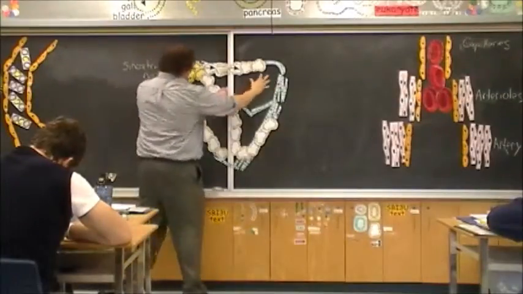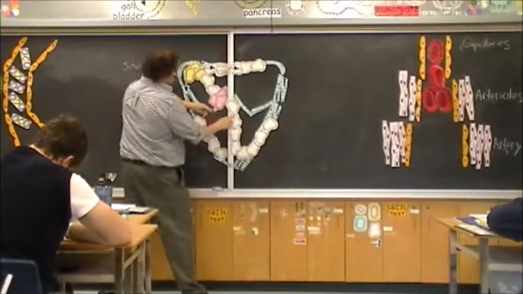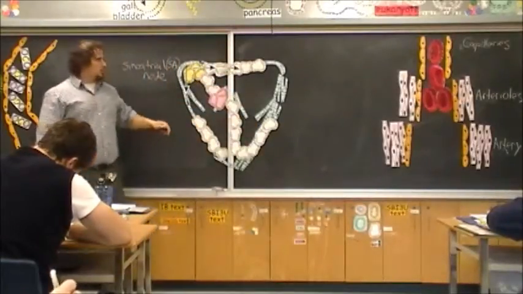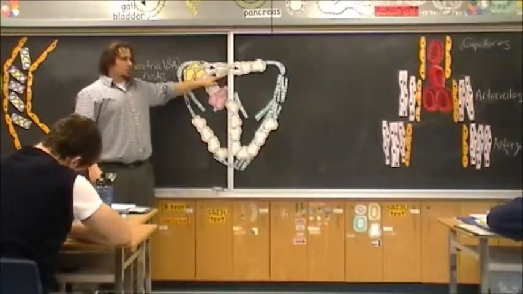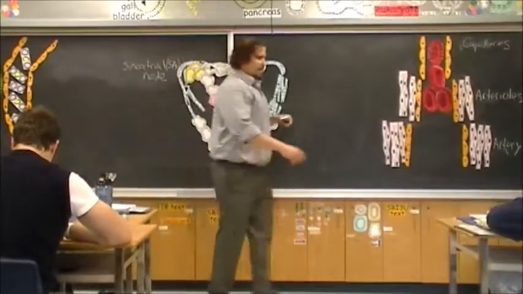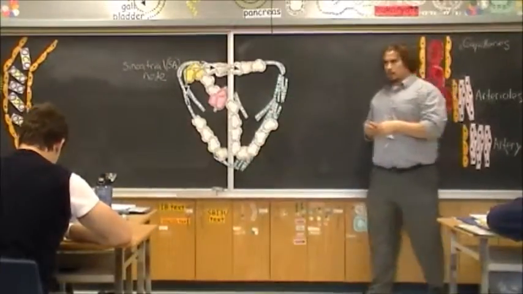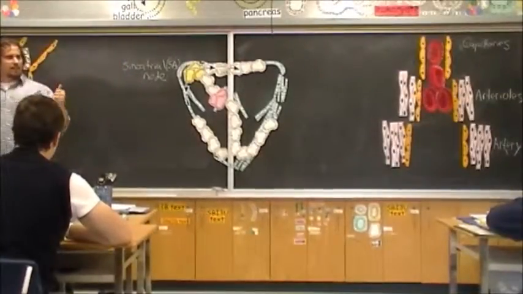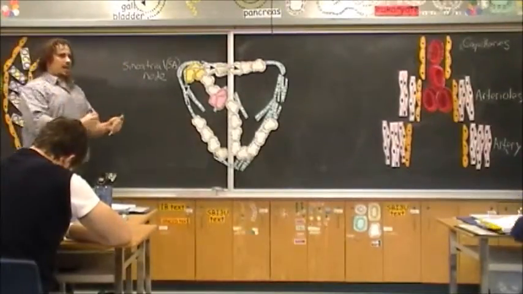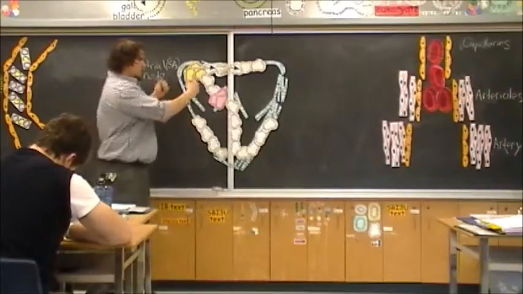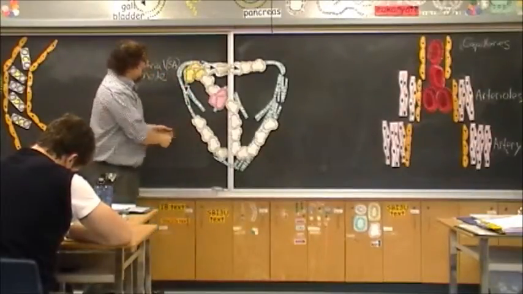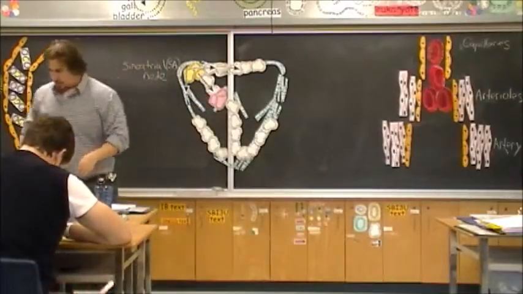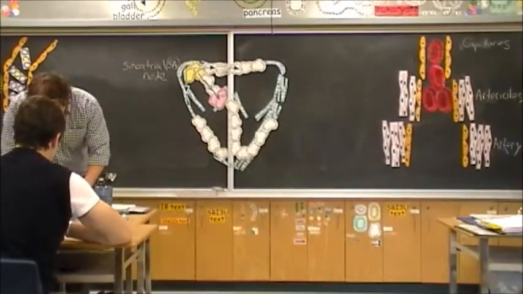Okay, so these contract, and remember these are open. It forces the blood through and into the ventricles. Now, your atria contract simultaneously. All right, remember, it's not right then left, or left then right. It's both atria at the same time contracting, forcing the blood into the ventricles. The signal is also sent through to your next node.